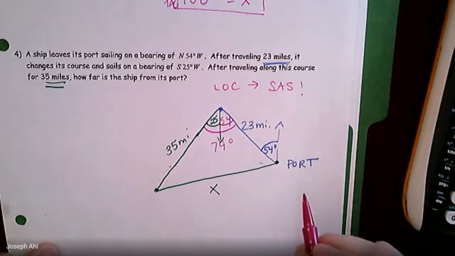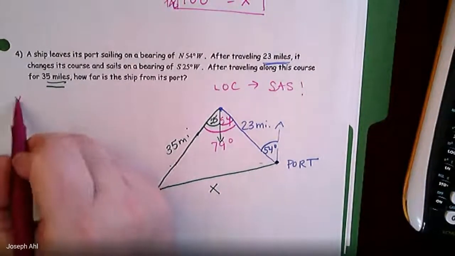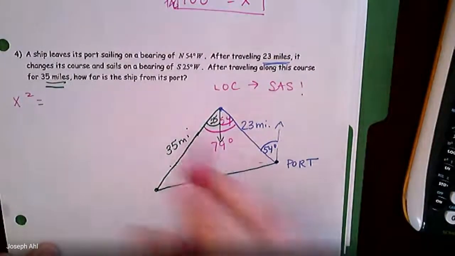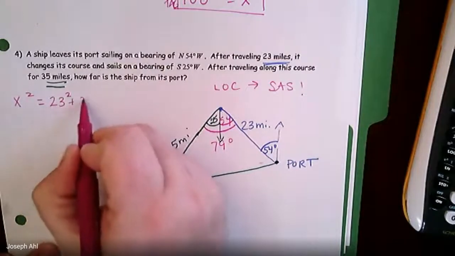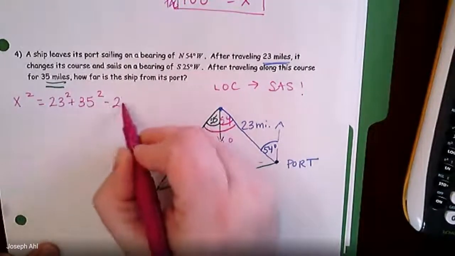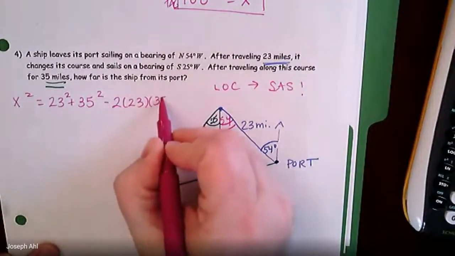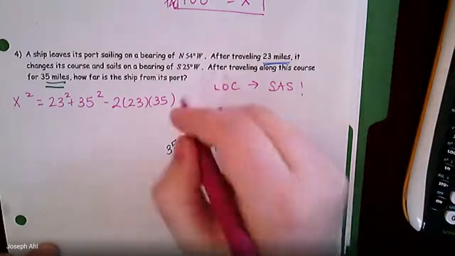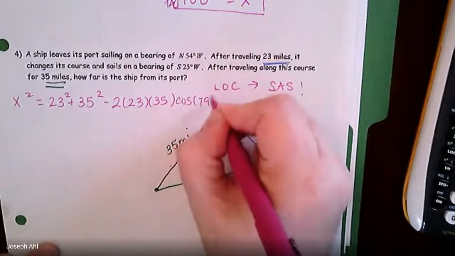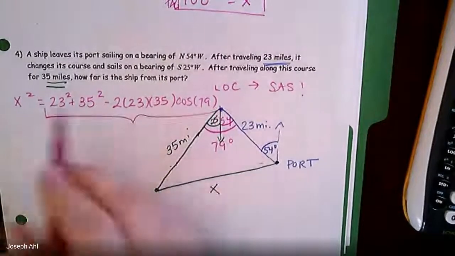And then once we have that filled in, we can use law of cosines. X squared equals 23 squared plus 35 squared minus 2 times 23 times 35 times cos of 79. Okay, put all of that into the calc.